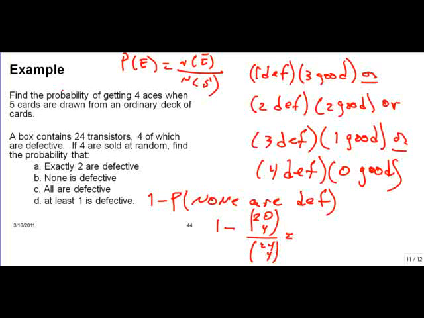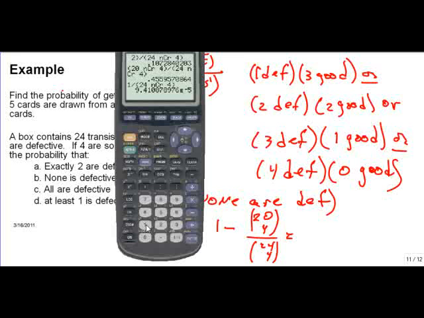So again, we can compute this as 1 minus 20, math, PRB, choose 4, divided by 24, math, PRB, number 3, 4, close, enter.